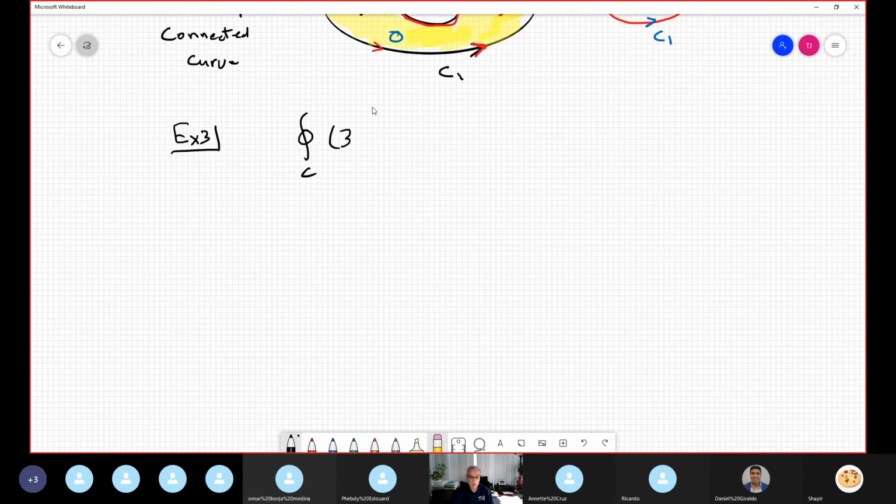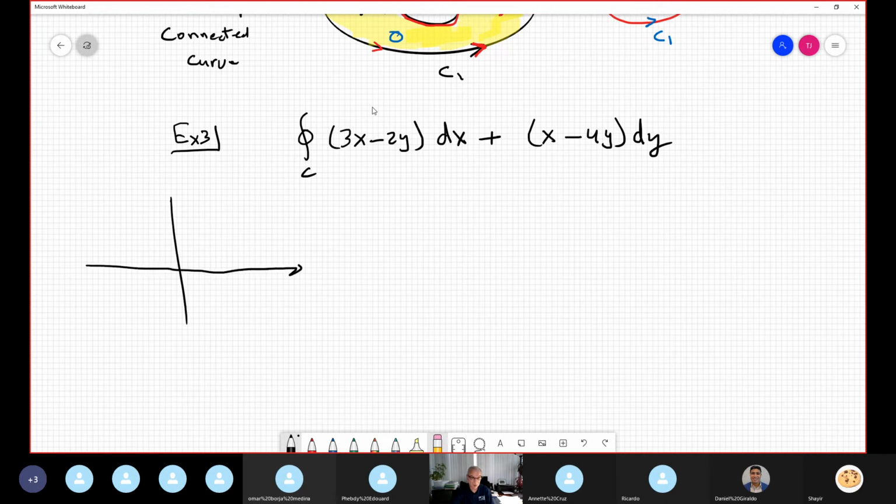Okay, it's 3x minus 2y dx plus x minus 4y dy. And the C is that curve, which is non-simply connected.